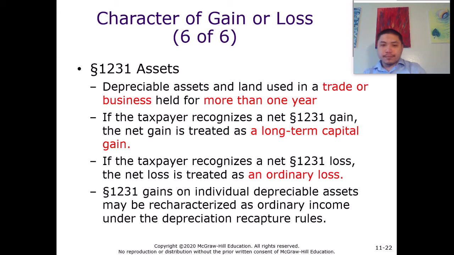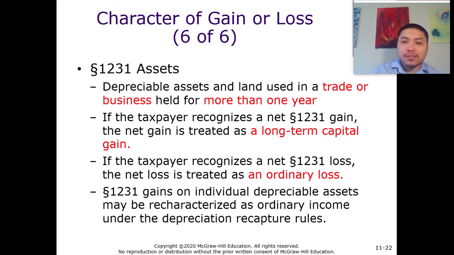So as you can see, owning a Section 1231 asset brings two types of benefits. First of all, if you have a gain, then you'll be taxed as a long-term capital gain, which is at a preferential rate.